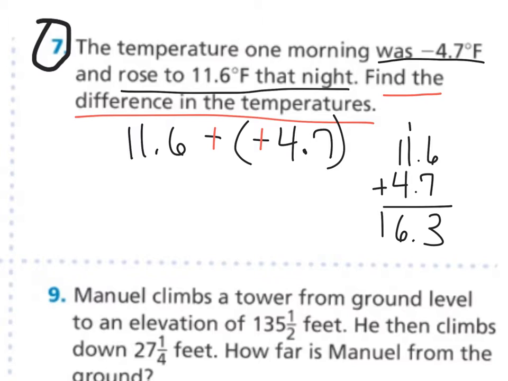So we add those together would be 16.3 degrees Fahrenheit. Okay, the stuff we're doing here, really we should be able to get by doing these without calculators. We'll not be using calculators on the test, so don't prepare yourself for a crutch that will not be there when we actually do this thing.